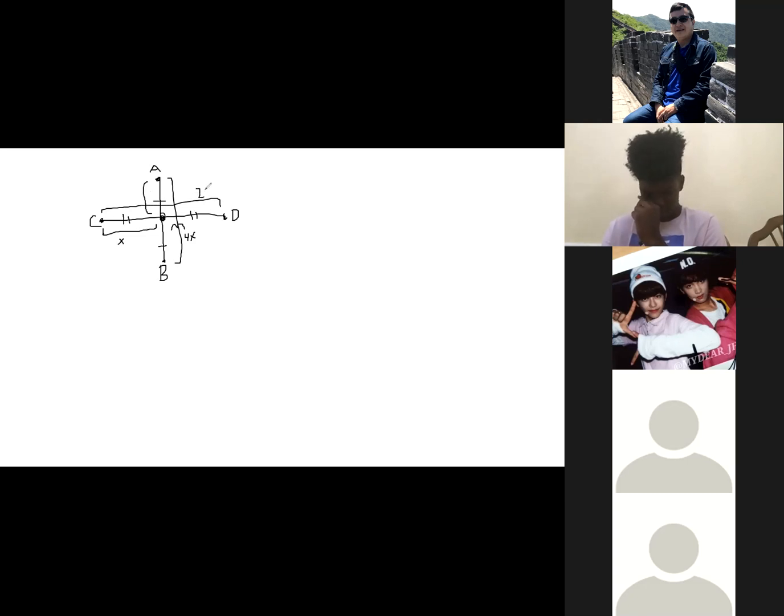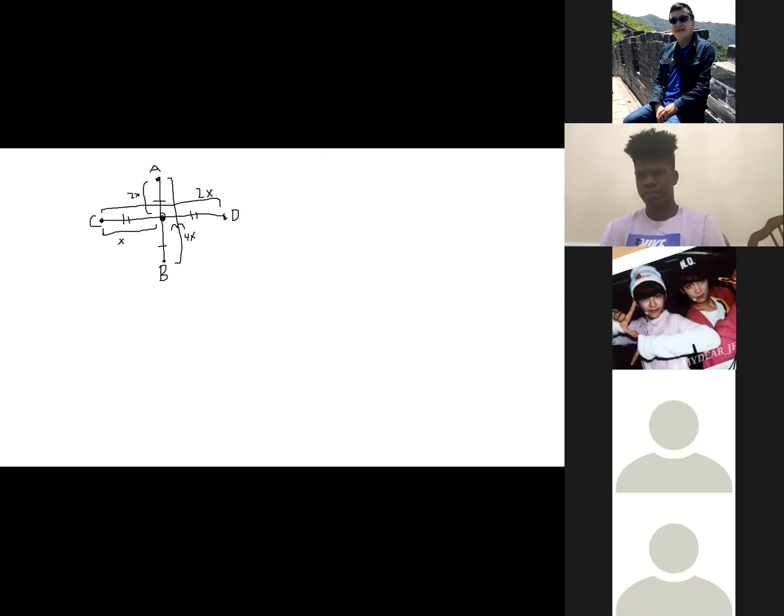So CD would be 2X, and AM is half of AB, which would also be 2X. So even though it doesn't look drawn to scale, AM should be equal to CD, and that's the relationship. Does everyone get that? Yeah?